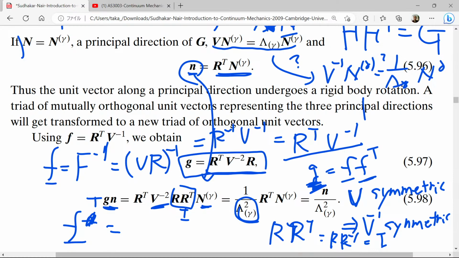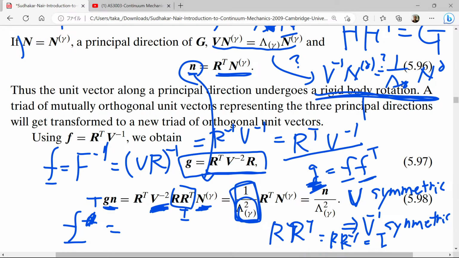This is not so straightforward, but if you admit this relation, look at this V inverse square multiplied by eigenvector. So you have 1 over eigenvalue square in front.